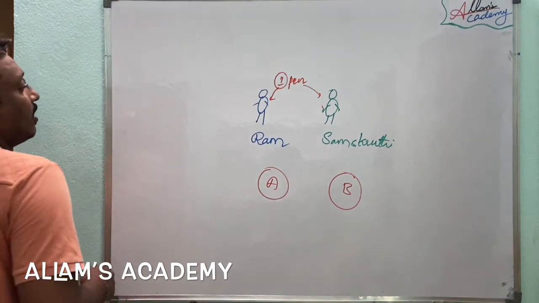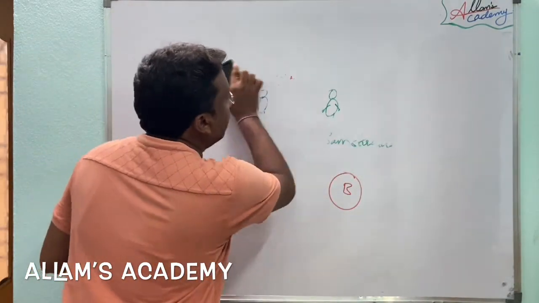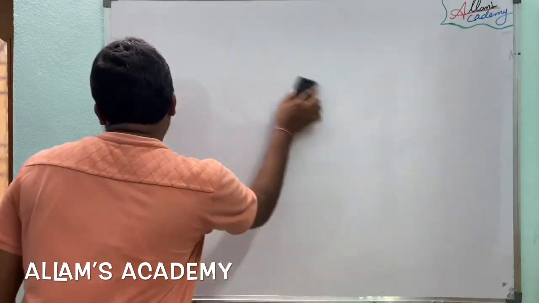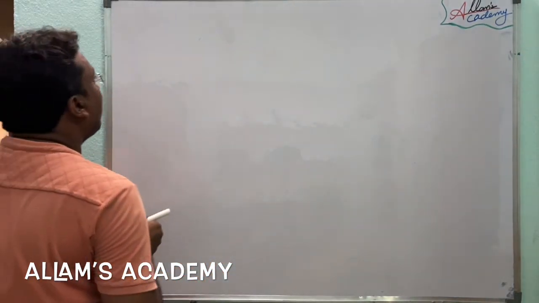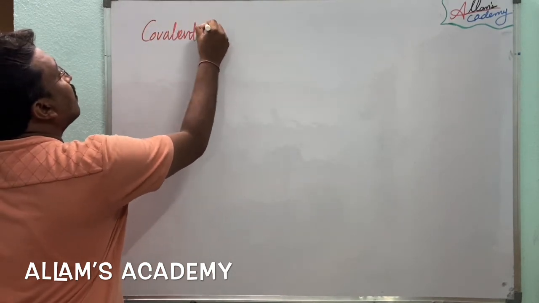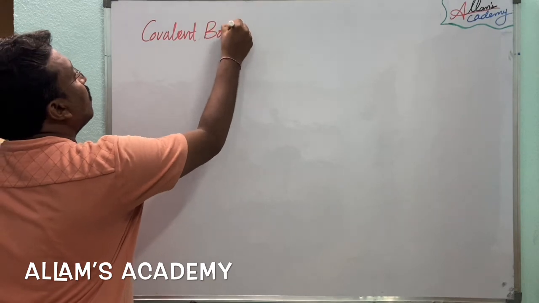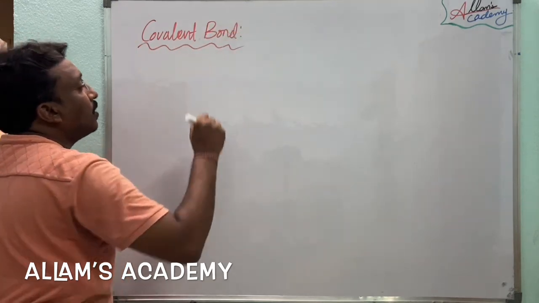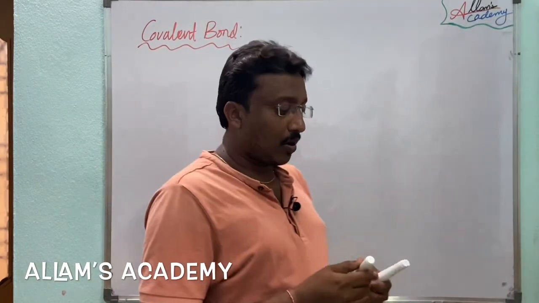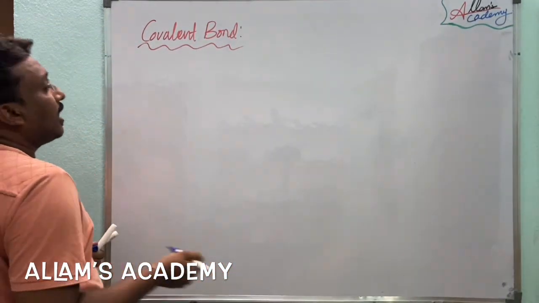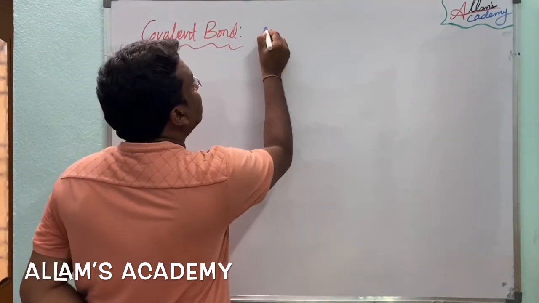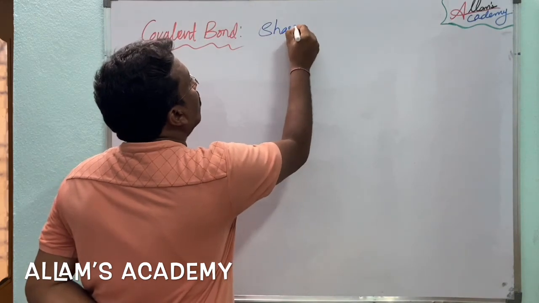Such kind of bond formation is called covalent bond. So now, the bond formation we are going to discuss is covalent bond. What is covalent bond, sir? The bond formation takes place between the atoms of an element by sharing of electrons.